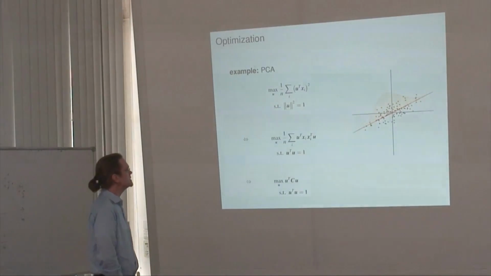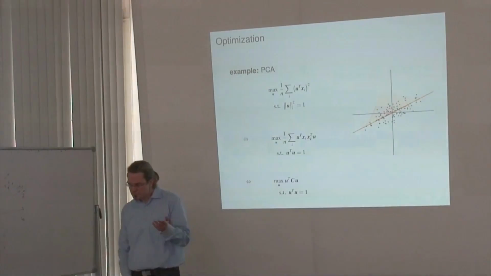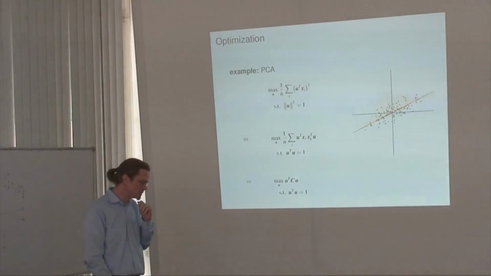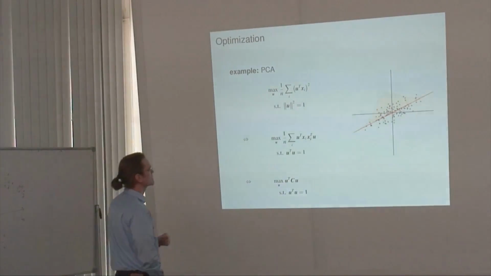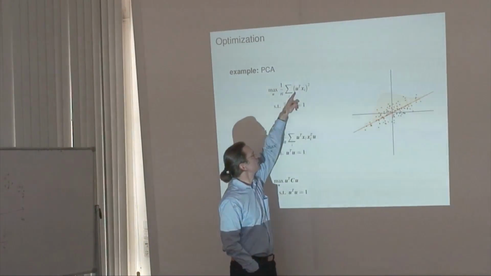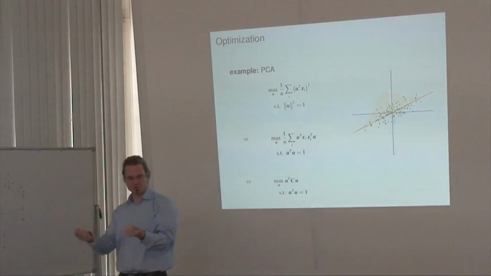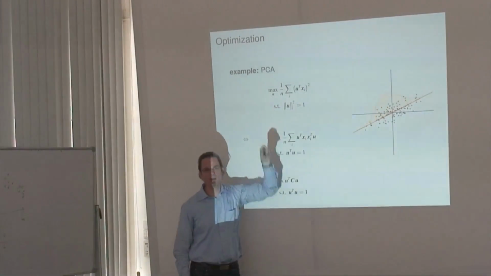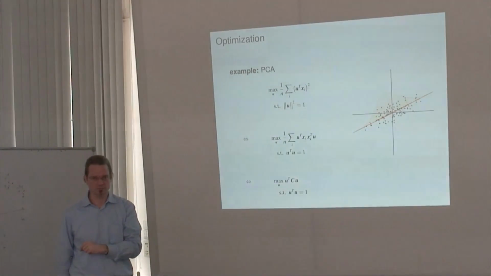Now, this is easy to formulate because we could say the variance, if the data is of zero mean, is basically the sum of the square of the projected coordinates. The projected coordinates result from having this vector u transpose compute the inner product with all the data points we're given, and we want to maximize this over all u. And I said at the same time, the length of u is supposed to be 1.